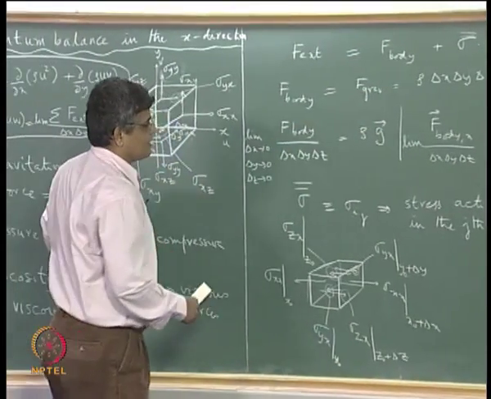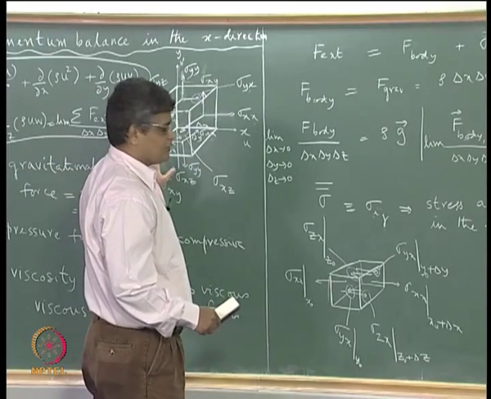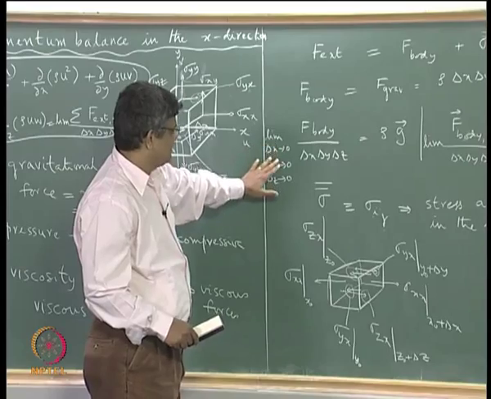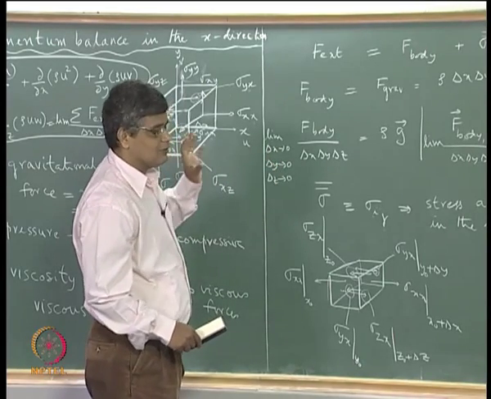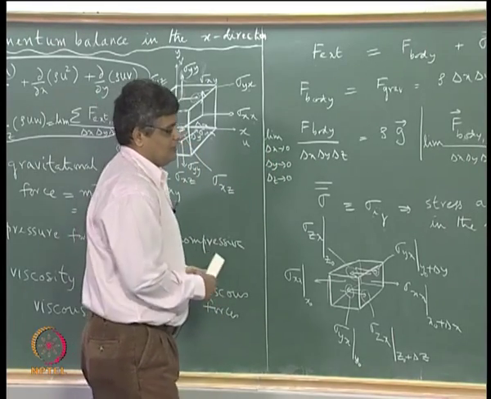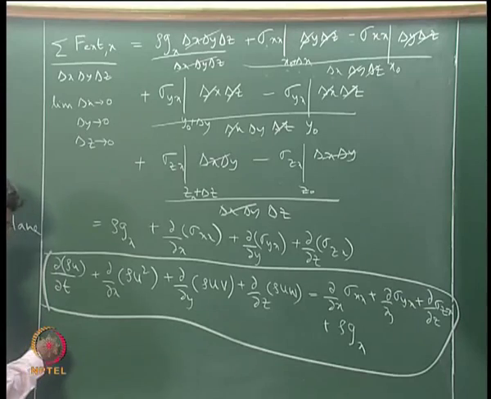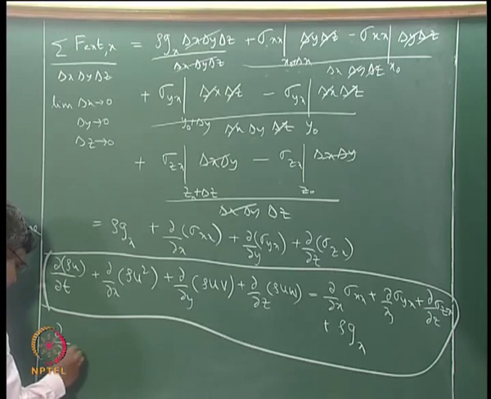We divide the whole thing by delta x, delta y, delta z, and take the limit as these tend to 0, so that we are considering almost a point, and at that point we can get an equation very similar to this.